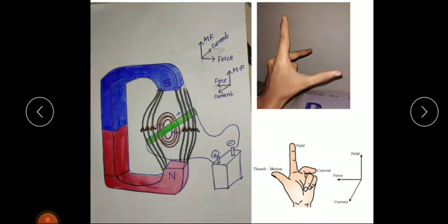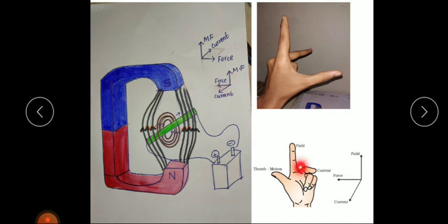And if we change the polarity of this battery, what will happen? The current flows in this direction. As the current flows in this direction, we will get the direction of the force along this direction.